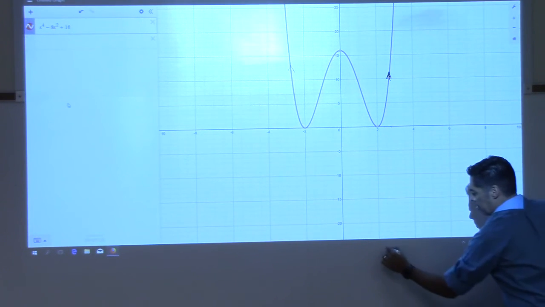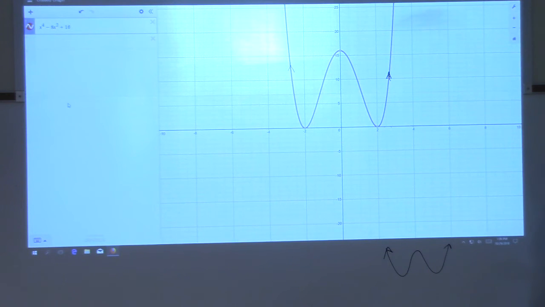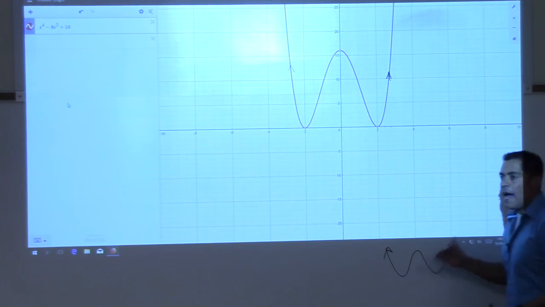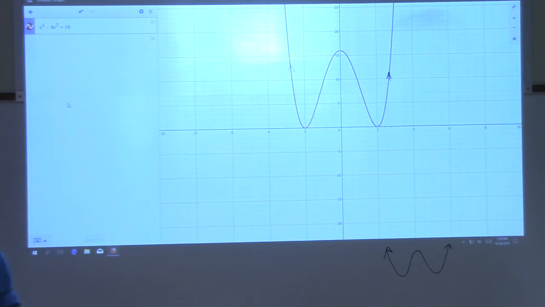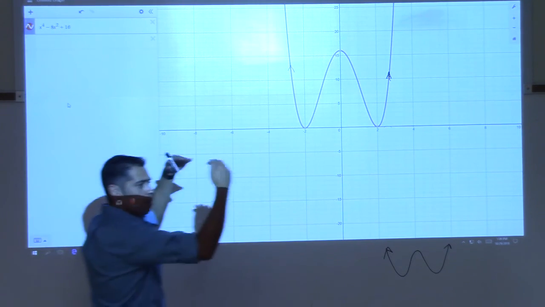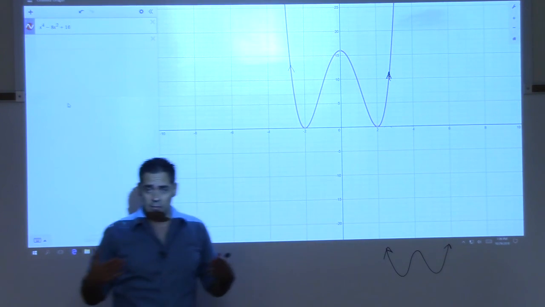So we have a graph that looks like this. If I ask for the absolute maximum, you would tell me there is none, because both sides go up forever, right? If I ask you for an absolute minimum, is there one? Yeah, it looks like we have a lowest point on the graph, and it happens in two different places, yes?